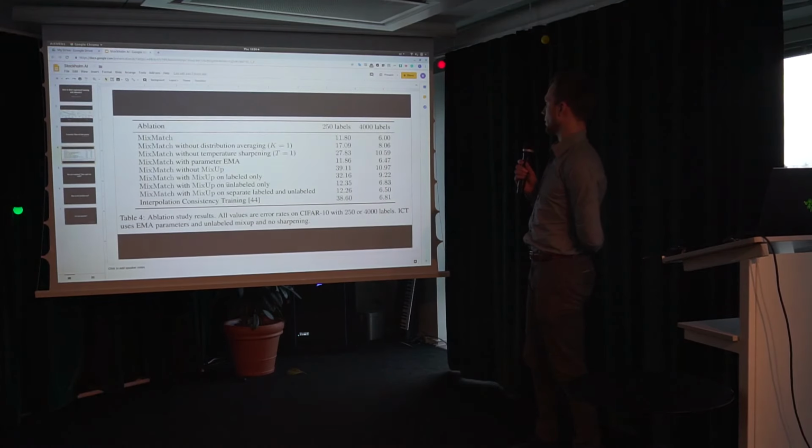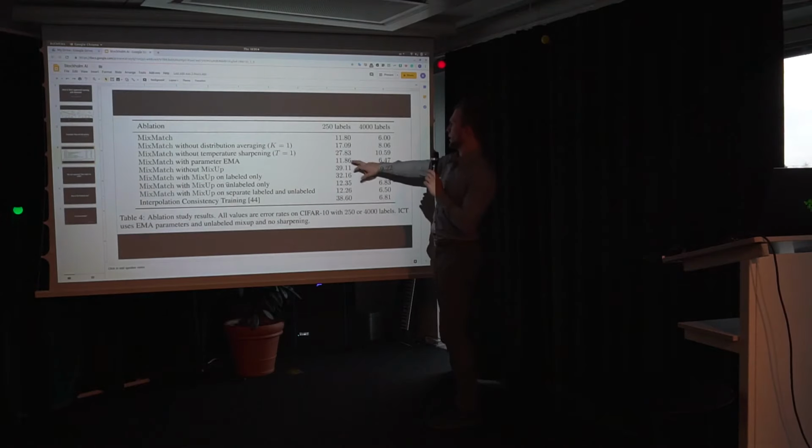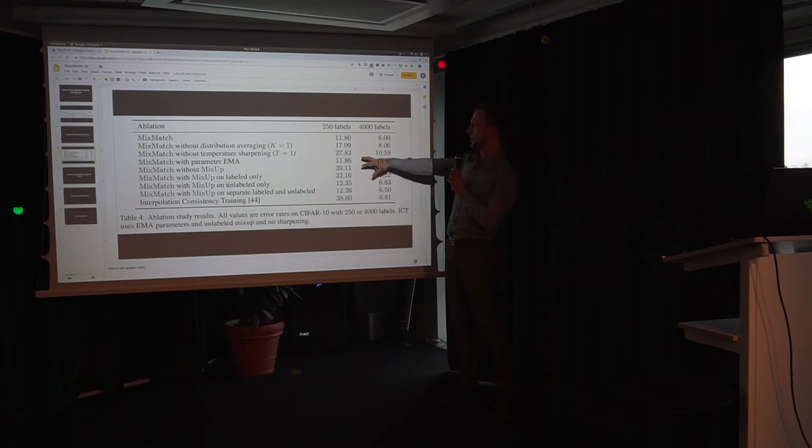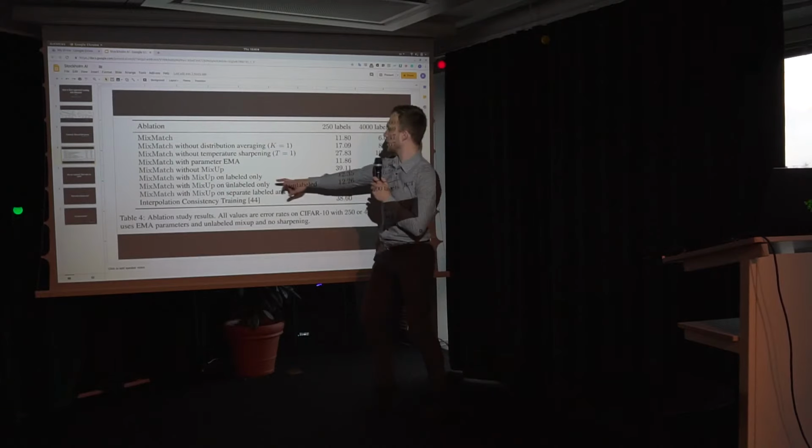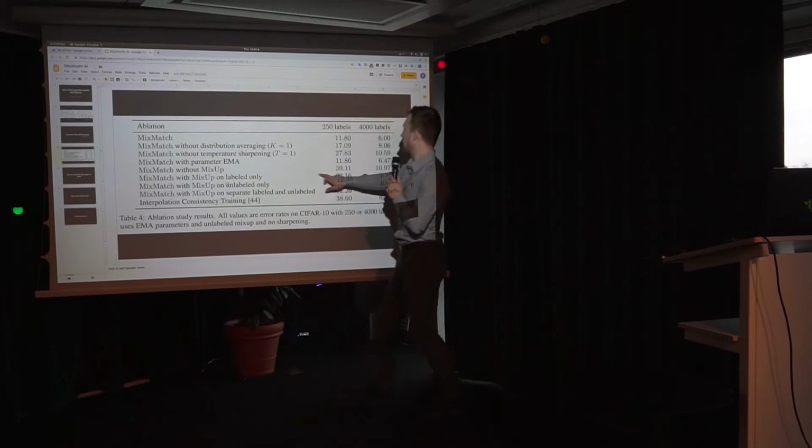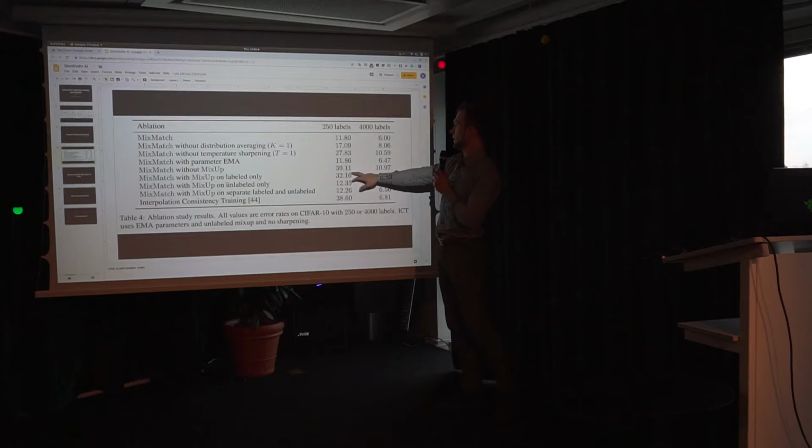Which part are you talking about right now? Sorry. So the third row. They tried removing sharpening here. Exactly. You remove the mix-up. The second thing, no, here we have without mix-up. Yeah, so it's really bad, right? Exactly. It's quite horrible.